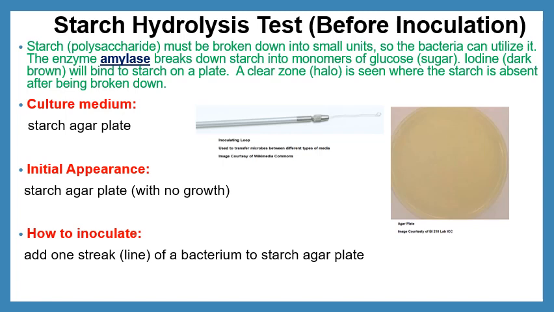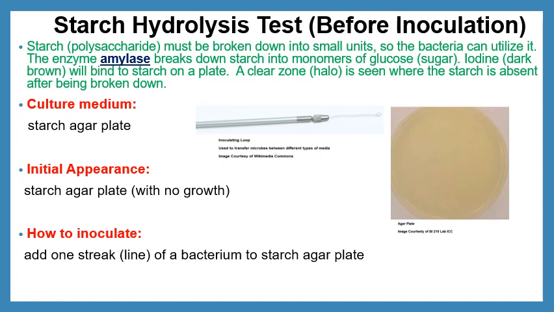In this experiment, we are actually going to look to see if the bacteria possess the enzyme amylase and look for the absence of starch. In other words, if there's an absence of starch, we will see where the iodine did not react, which will appear as this halo. The absence of starch indicates the presence of the enzyme amylase.